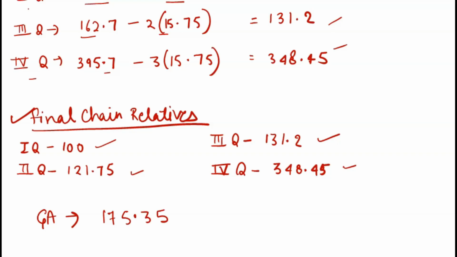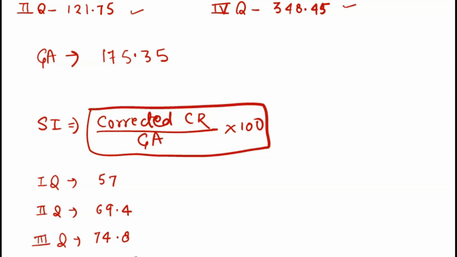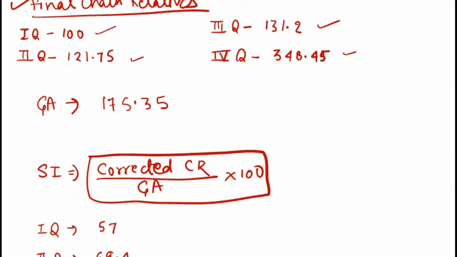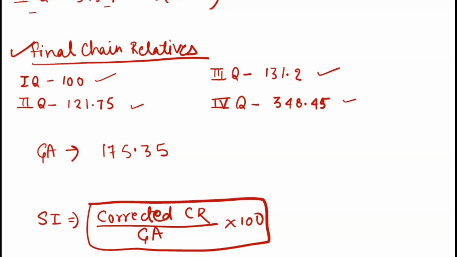Now this is done. Chain relatives part is done. Now seasonal index. This is the formula for seasonal index: corrected chain relatives divided by general average into 100. Corrected chain relatives we have calculated for each quarter. These are the corrected chain relatives.